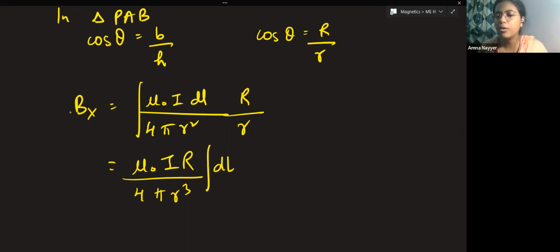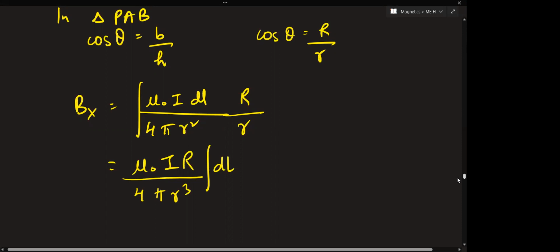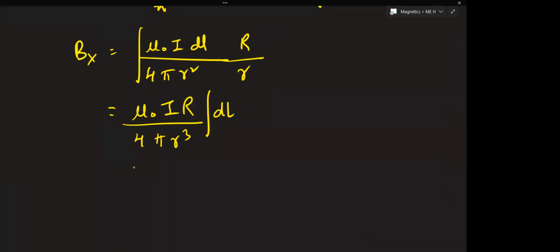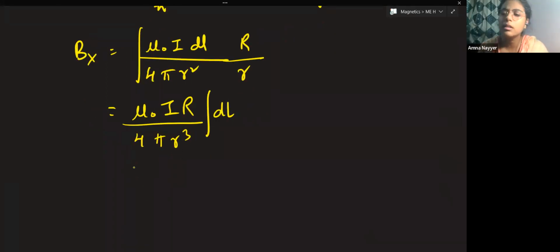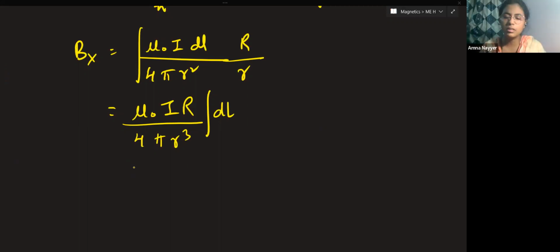Now if you integrate all the dl's, combining your whole circle, what will you get? L, that is the length of the circle. So what's the length of a circle? 2 pi r.